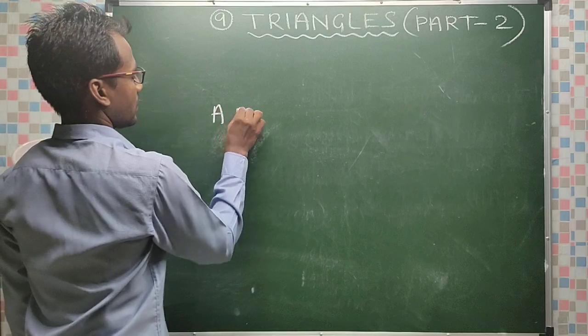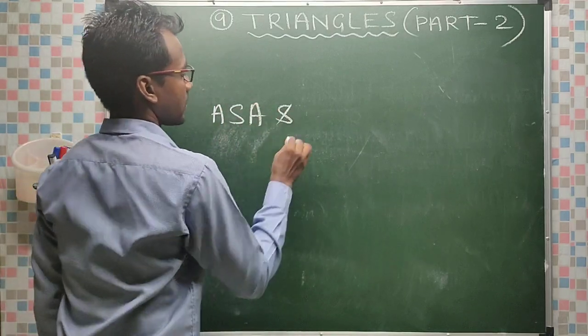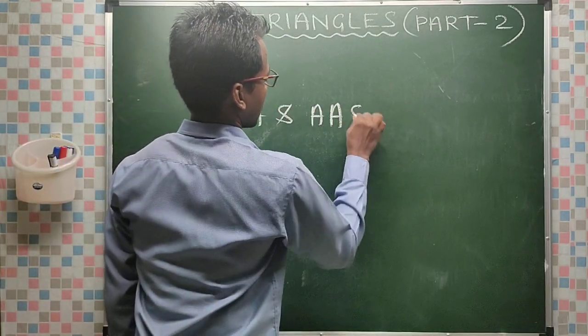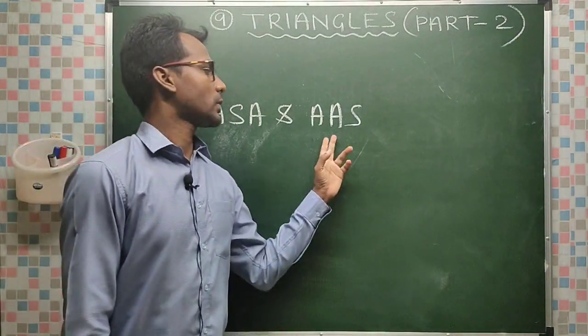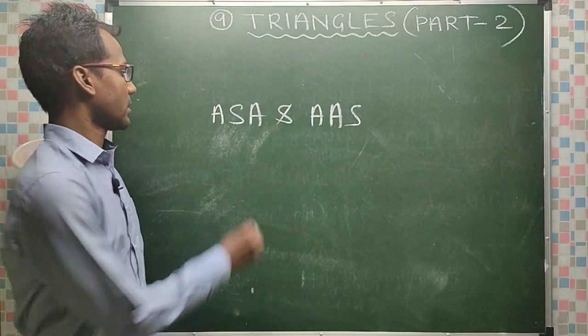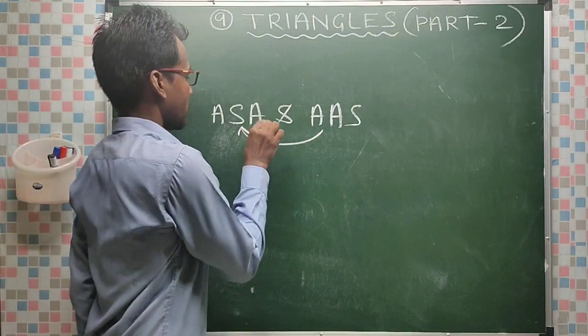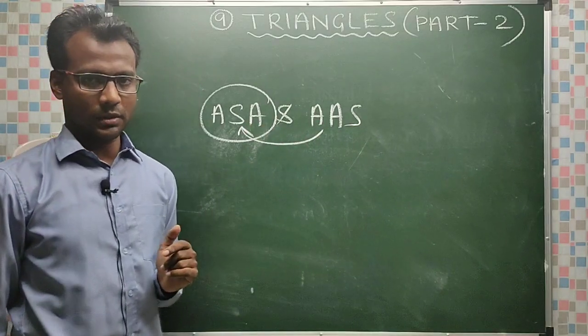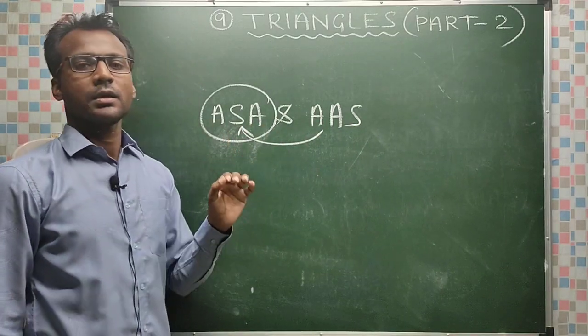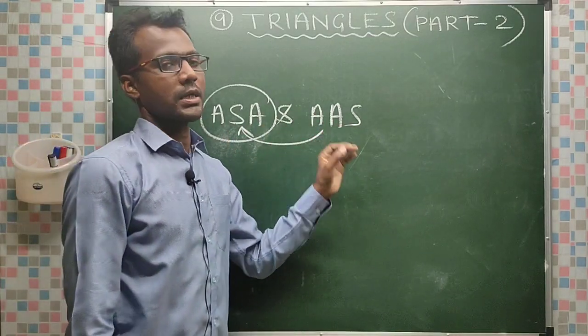So ASA and AAS: here also two angles one side, here also two angles one side. So you can say angle side angle is a special case of the AAS postulate.